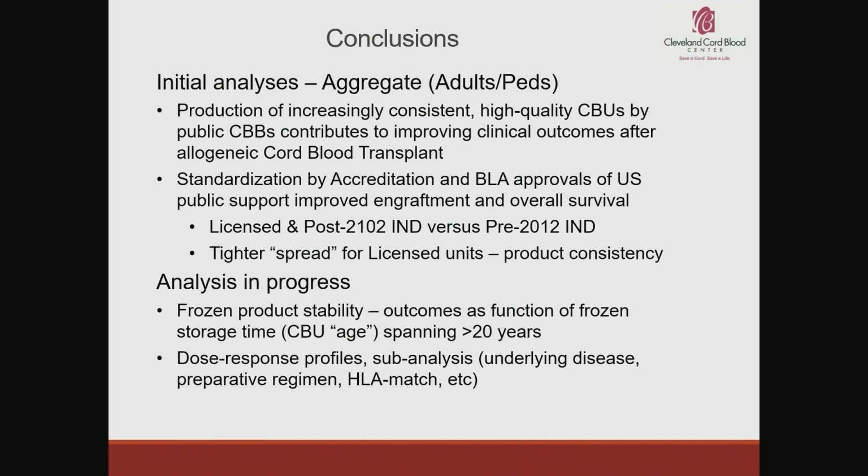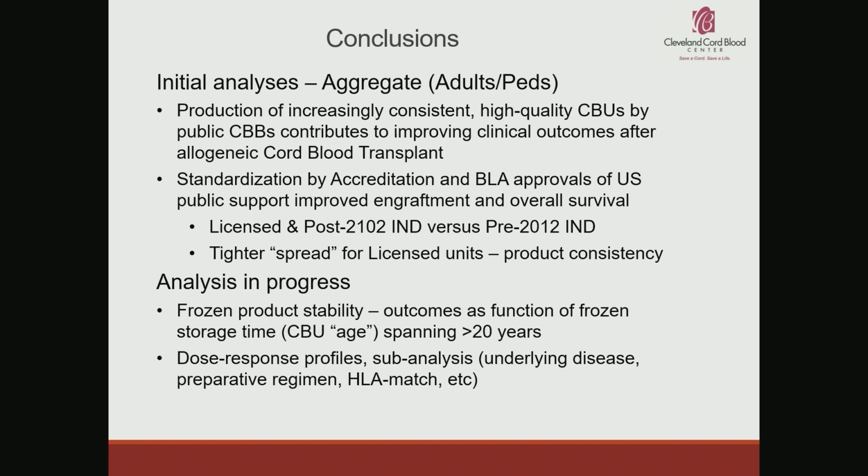That's evident in the benefit seen if you group licensed and post-2012 IND units together. That is misspelled there, that should be 2012, versus pre-2012 IND units. And as I outlined earlier, licensed units do seem to provide a tighter spread in the clinical outcomes, which speaks to higher product consistency. So that is something we're particularly happy to see.